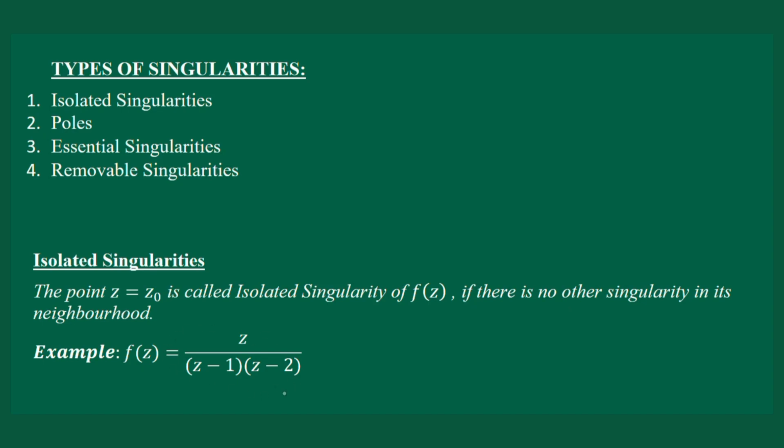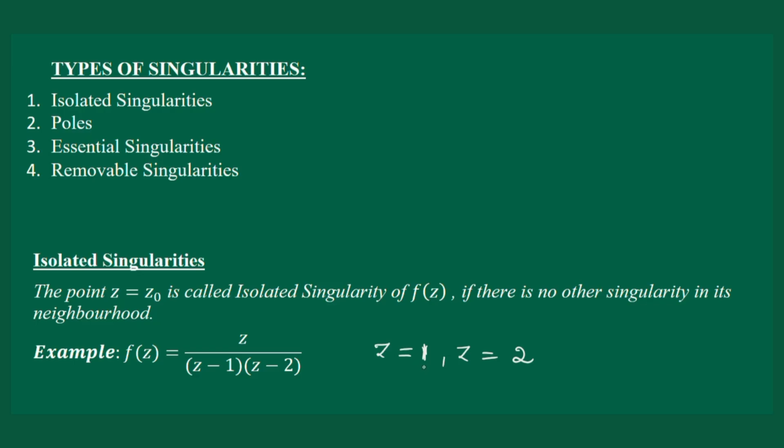For example, if we notice this function f of z is equal to z by (z minus 1) into (z minus 2), here we know that z equal to 1 and z equal to 2 are both singular points. Suppose we consider 1. The neighborhood of this 1 is nothing but the nearby points, which might be 1.01 or 1.5, 1.9 like this.